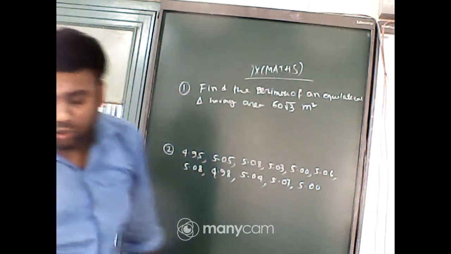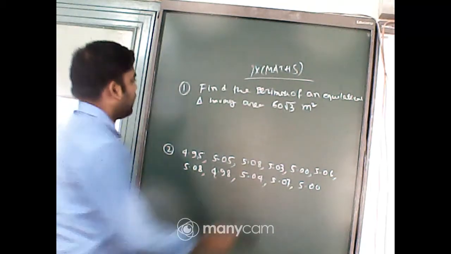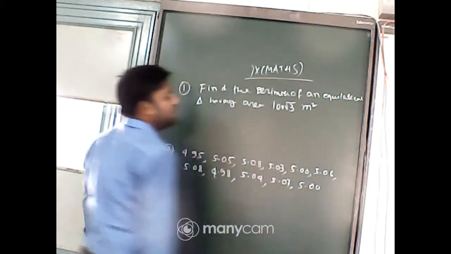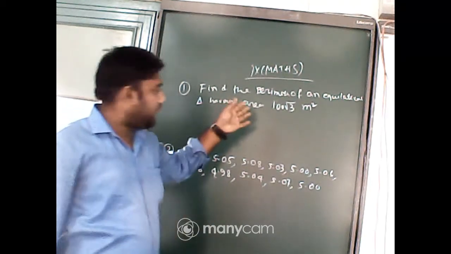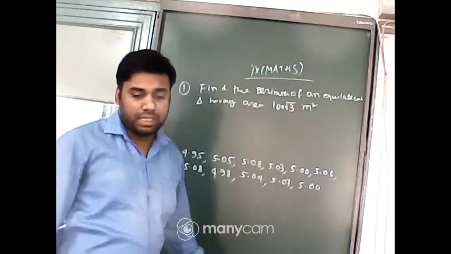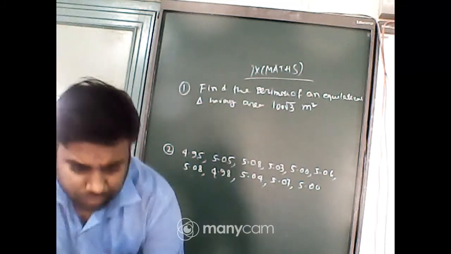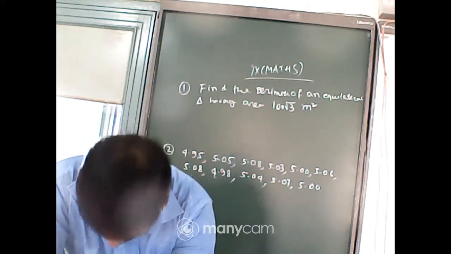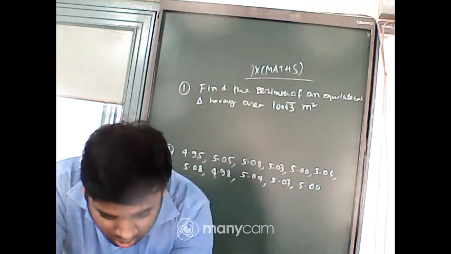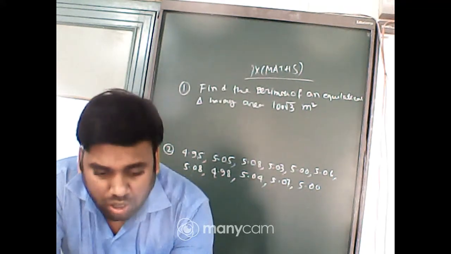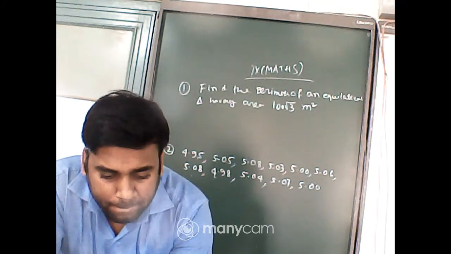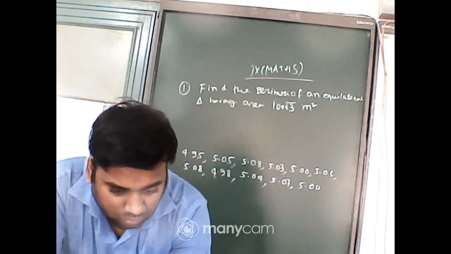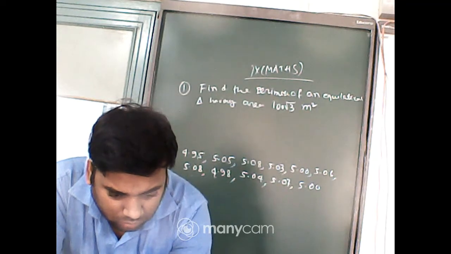Okay, for your calculation I am changing it. I am giving it 100 root 3. Now solve it. Now change it into very easy. Quickly. Anyone else?